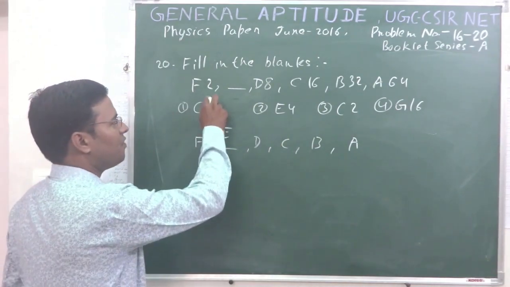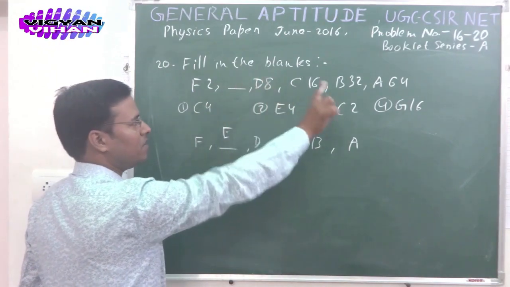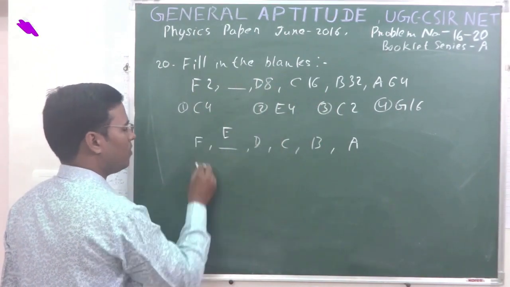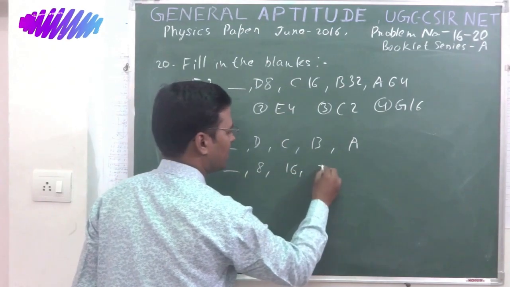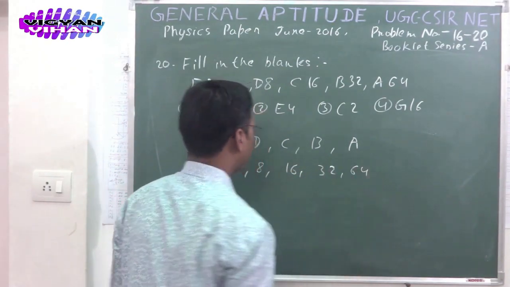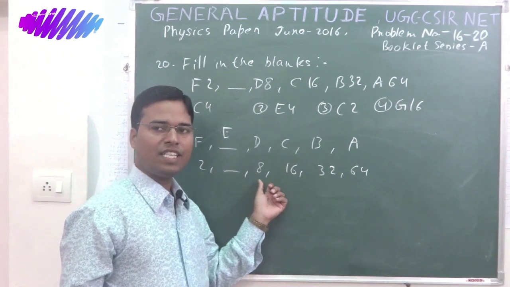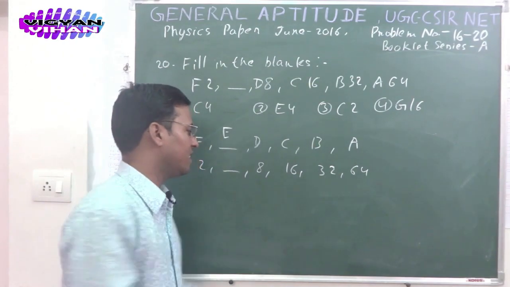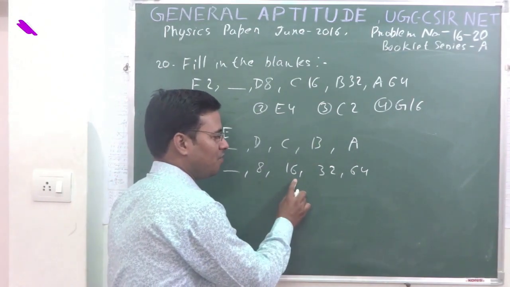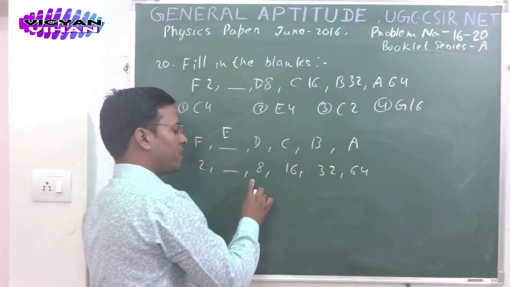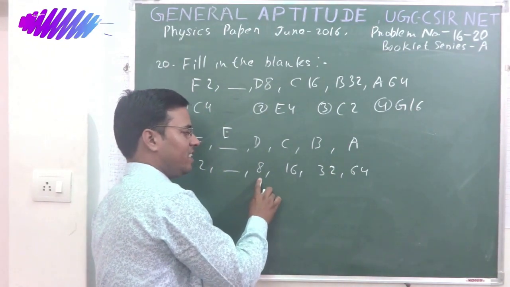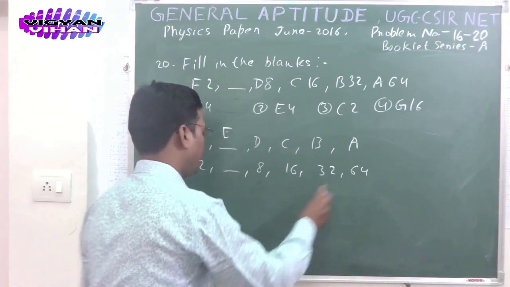Then we take the number series in the problem: 2, blank, 8, then 16, then 32, then 64. Watch here what is the relation. 8 multiply with 2, multiply with 2, multiply with 2, you will get 8, 16, 32, 64.